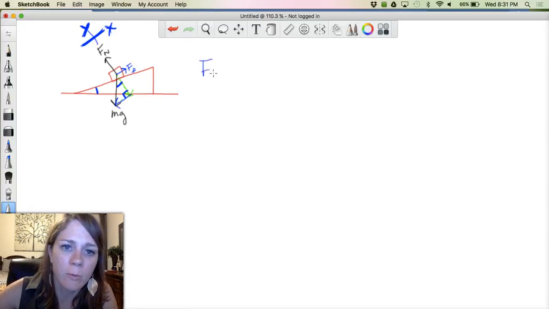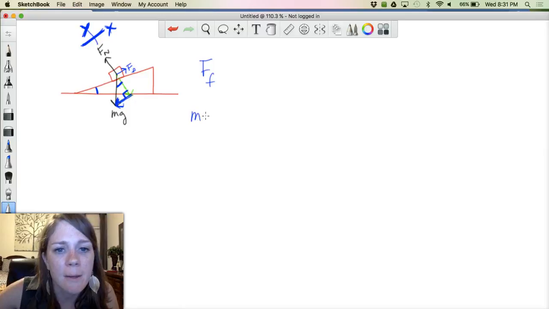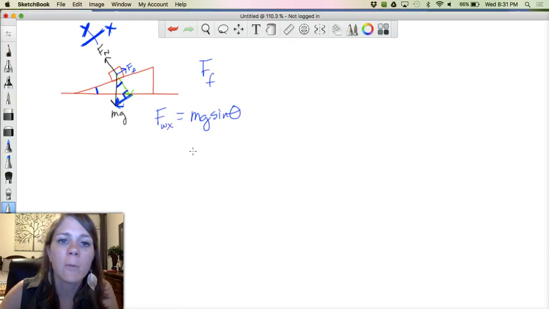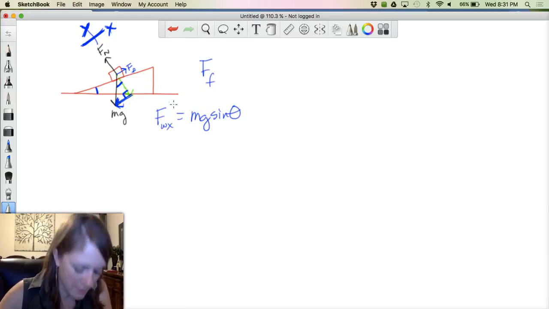We have the frictional force, and we have the x component of the weight force. That's opposite of that angle, so it's going to be mg sine theta. These are the two forces acting up and down the ramp.